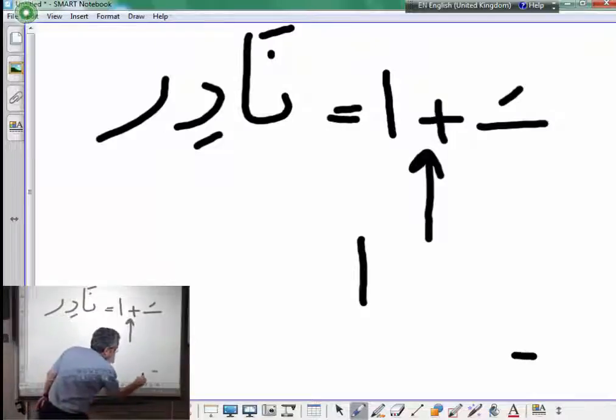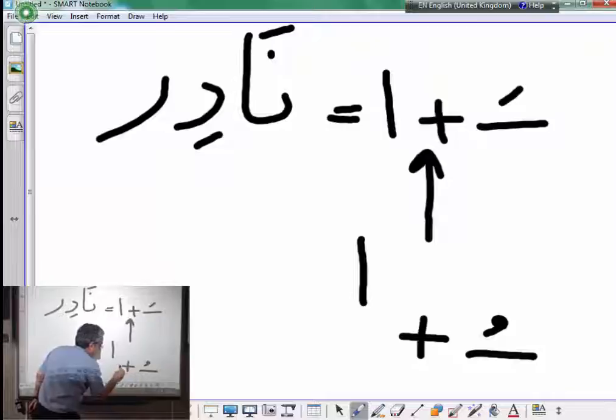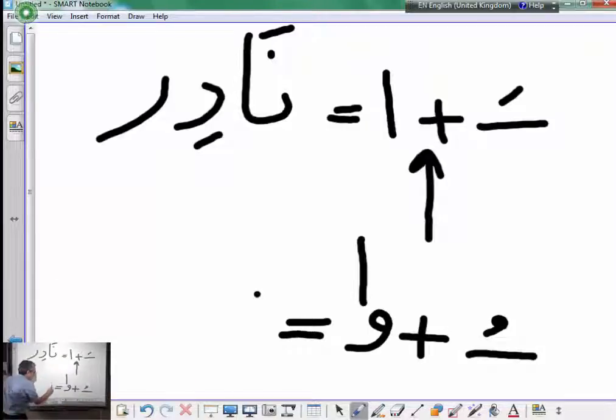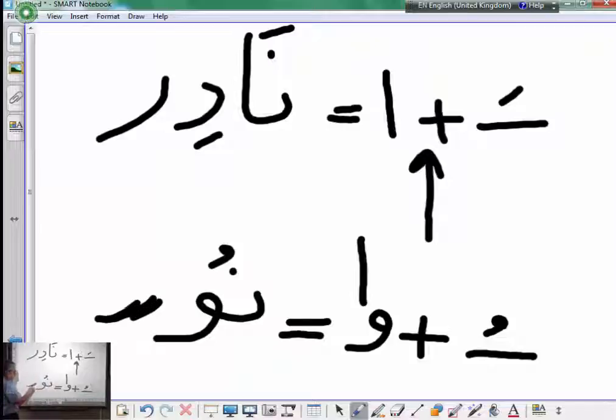And we have the dhamma and wow, that will give us noor. As you see here, the long vowel oo should be preceded by dhamma to make it a long vowel. And the alif usually is preceded by fatha to make it in the middle ah.